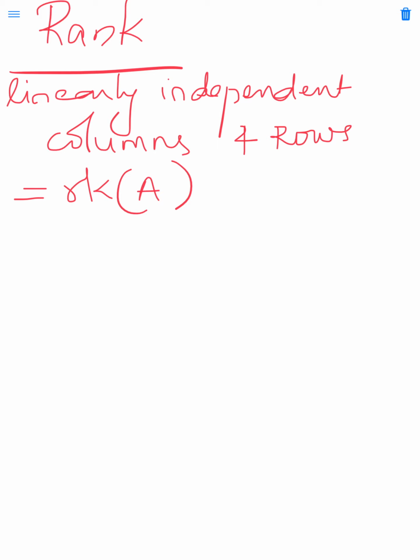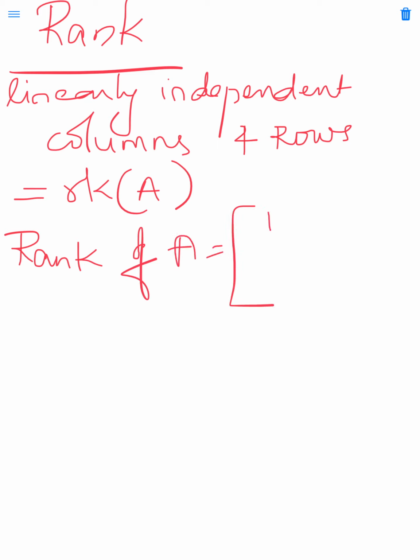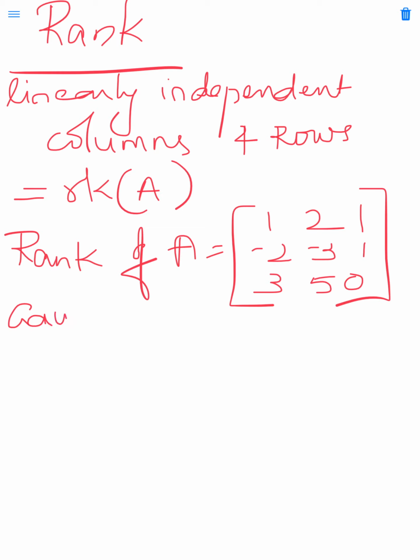For example, we can check the rank of A equal to (1, 2, 1), (-2, -3, 1), (3, 5, 0). In order to find the rank of any matrix, you need to first perform Gaussian elimination.